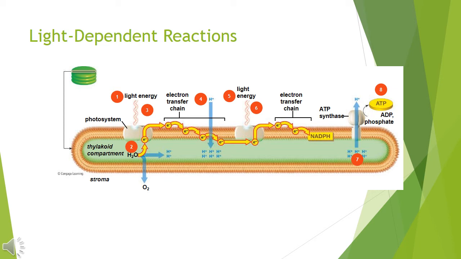We produce NADPH, and NADPH along with hydrogen are going to cross over into the stroma, and they're going to move down towards the light independent reaction. At the same time, ATP is breaking up because we're utilizing energy, and we're left with ADP and a phosphate group. So that was like the really fast version of what we just did.